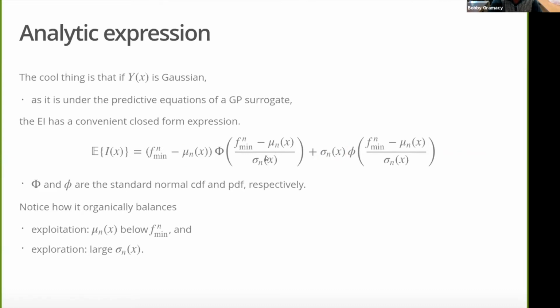What are those parts? This is the mean. That's what we were optimizing before, right? Before we started getting into this expected improvement mess, we wanted this to be as low as possible. And it's got some part of the standard deviation. So it's already using more information. It's using uncertainty. So it's balancing mean and standard deviation.